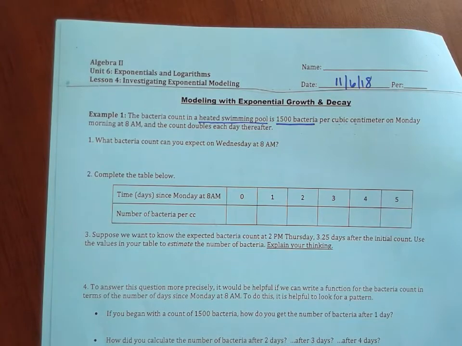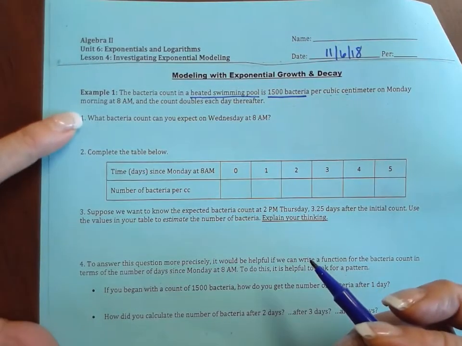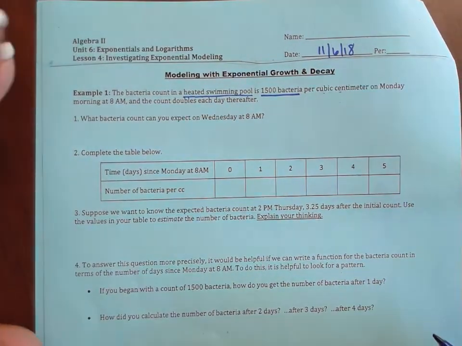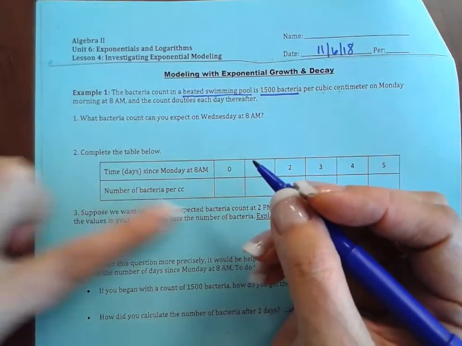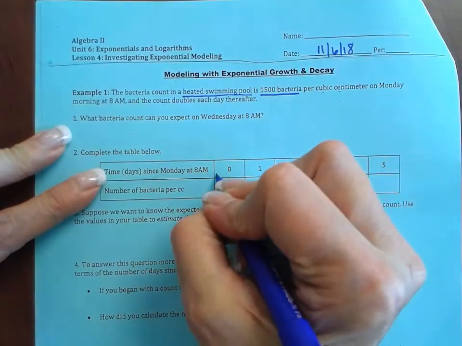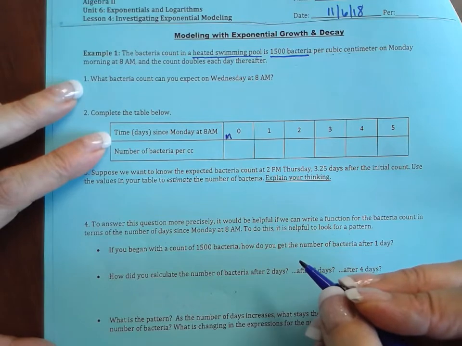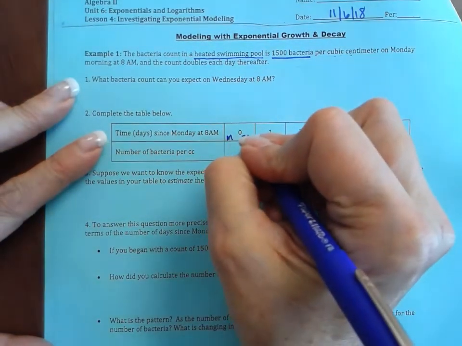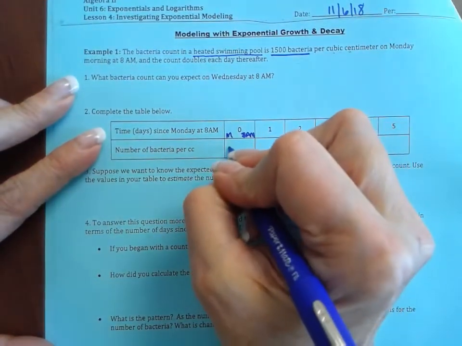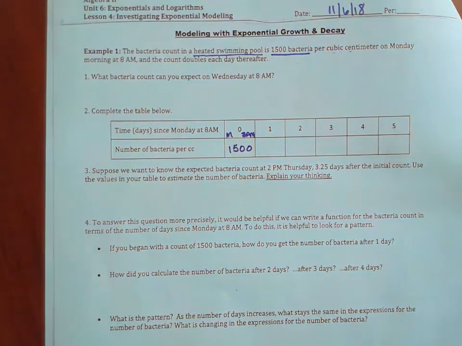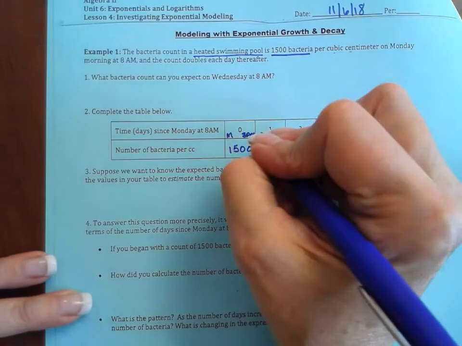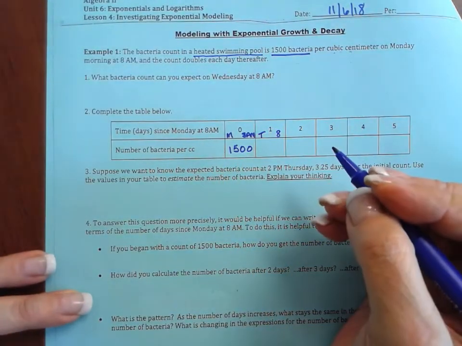But anyway, what we're going to look for is what bacteria count we can expect on Wednesday at 8 a.m. Okay, so if we make a table, this is Monday. We're at day 0, and it's 8 a.m., and we're at 1,500 bacteria per cubic centimeter. Tuesday at 8 a.m., what's it going to be?